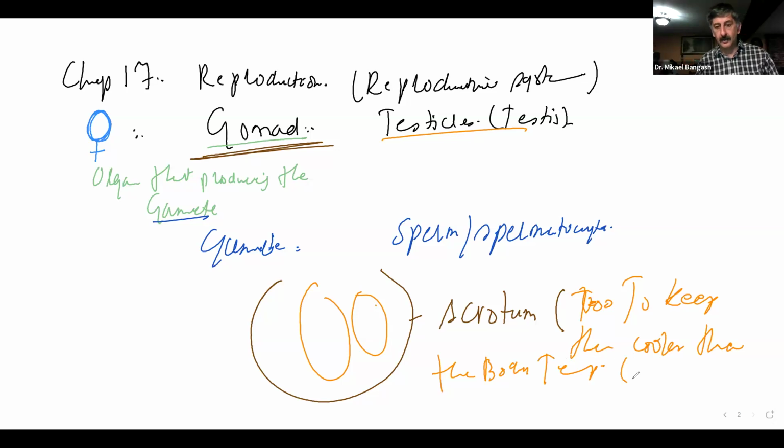They should be kept about 2 degrees centigrade below body temperature. The scrotum keeps them away from the body, which causes them to remain cooler. And why do they need to remain cooler? If the testes were kept at body temperature, they would lose their ability to produce sperms, which becomes a fertility problem.